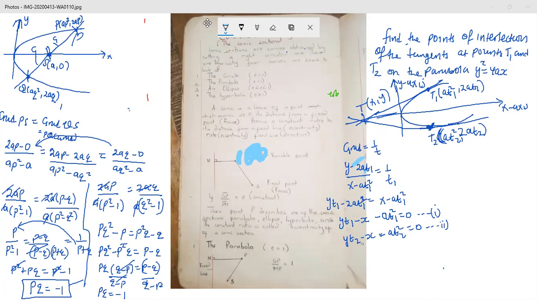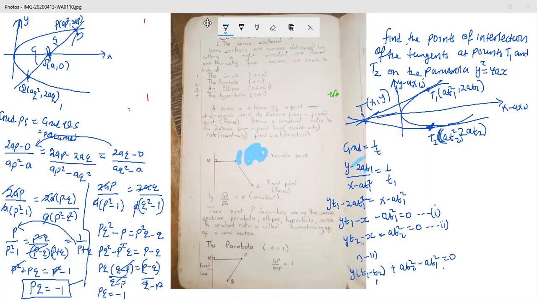Then when we subtract Roman 1 minus Roman 2, we would eliminate the x and get y into t1 minus t2 plus at2 squared minus at1 squared is 0.